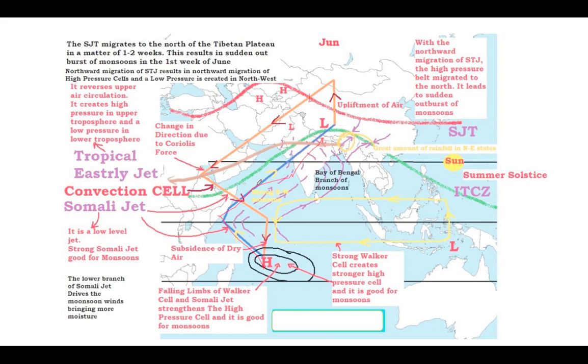Is this clear? So the Somali Jet is a low level jet, very close to the surface, while the tropical easterly jet is at a height that varies between 6 to 9 kilometers. Is this clear or not? Now stronger these cells, more the rainfall.